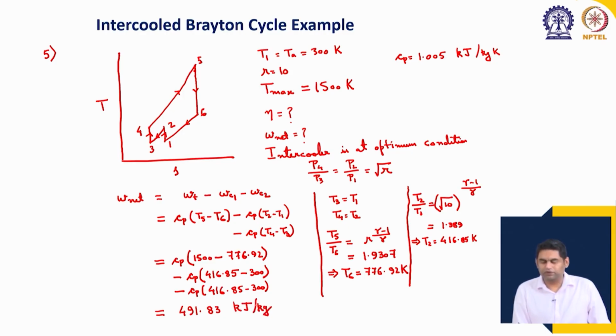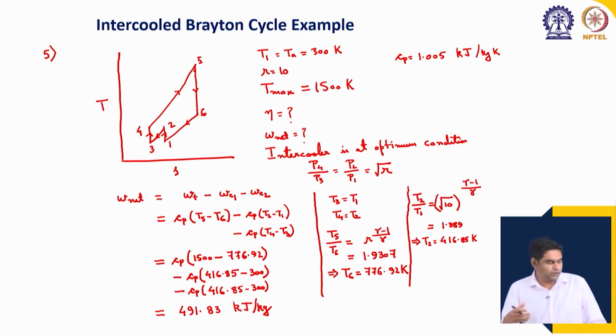You can pause here and again go back and check with the previous problem what sort of values we had obtained for the other cases. Okay. So, to give you some perspective, for the standard case the work output was 446 kilojoule per kg. So, this is significantly higher than the standard Brayton cycle.